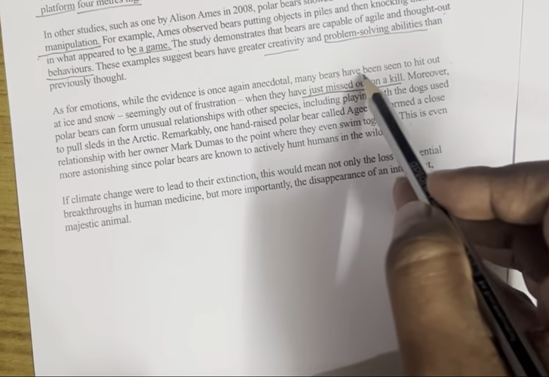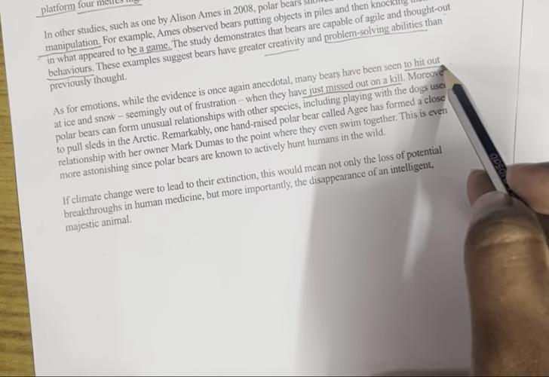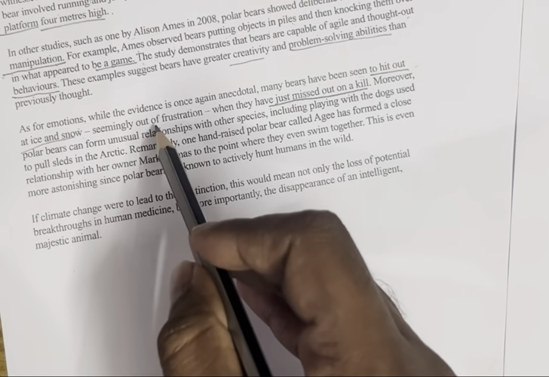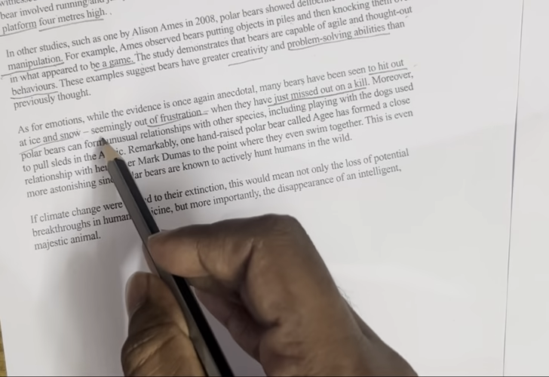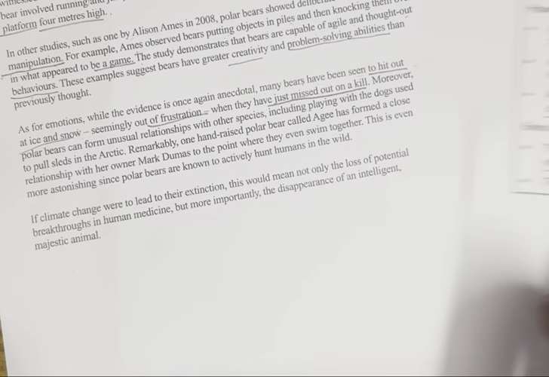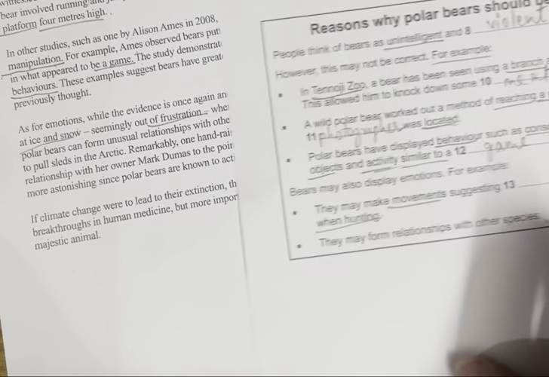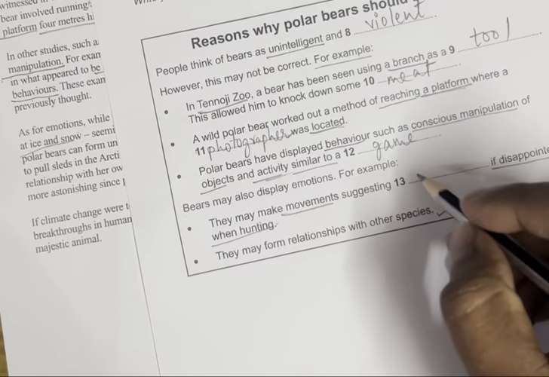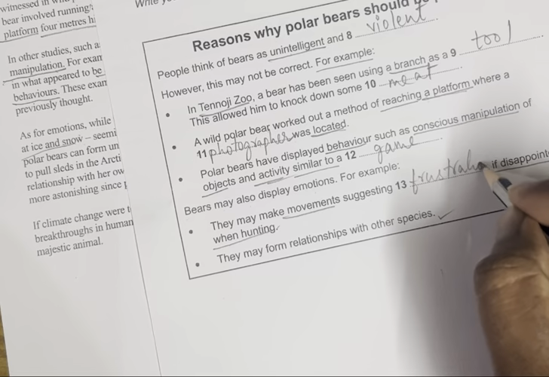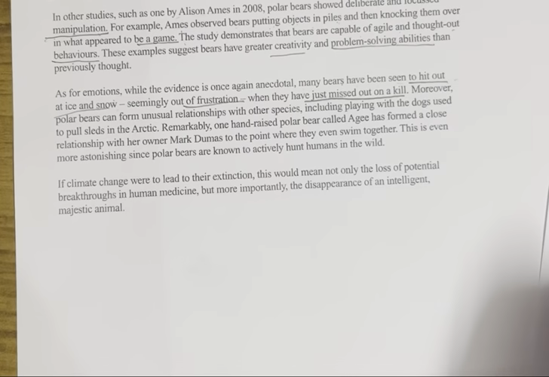So many bears have been seen to hit out at ice and snow seemingly out of frustration when they have just missed out on a kill. So they may make movements suggesting frustration if disappointed when hunting. Right, guys?